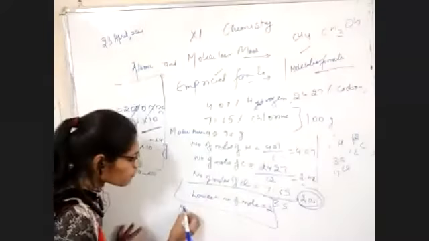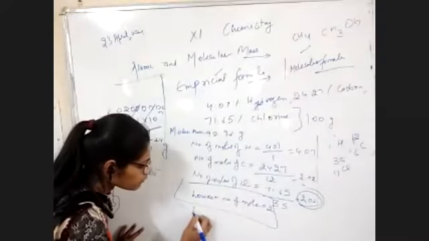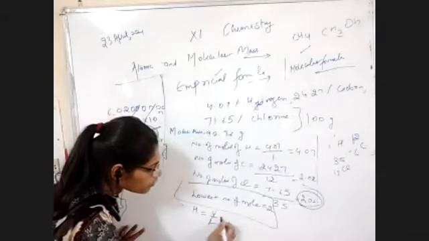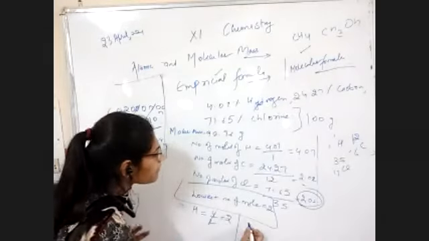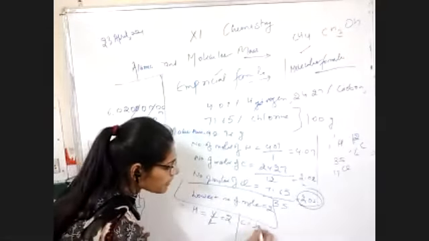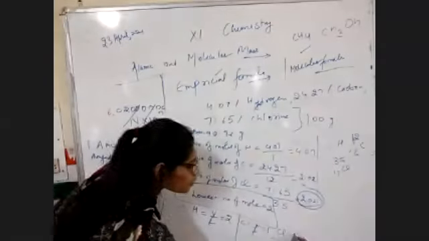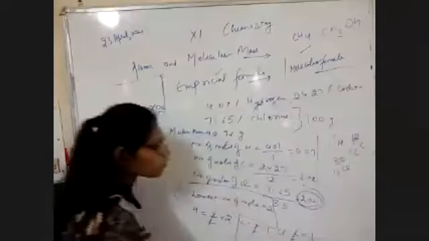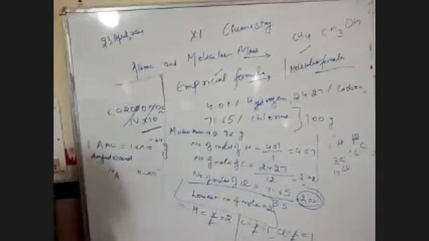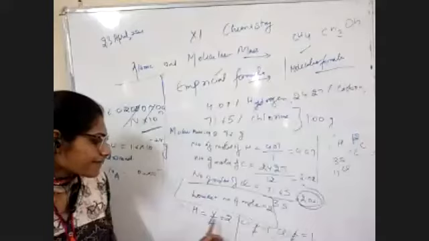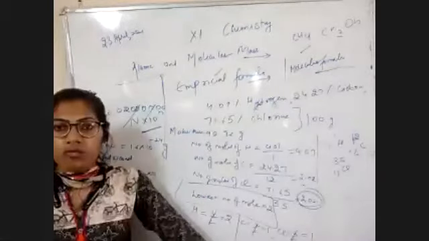So for the number of moles of hydrogen, we would get 4 divided by 2 equals 2. For carbon, 2 divided by 2 equals 1. For chlorine, 2 divided by 2 equals 1. Okay, so we have taken 2, 1 and 1.